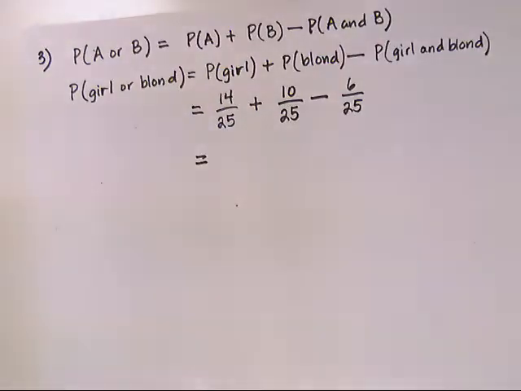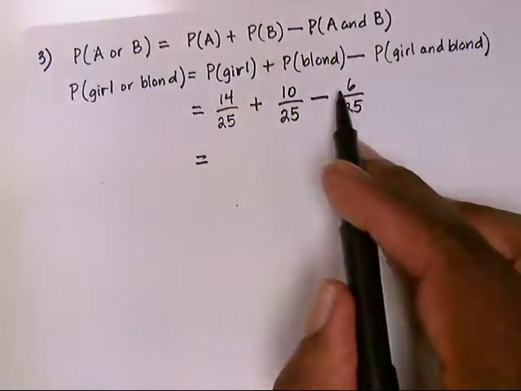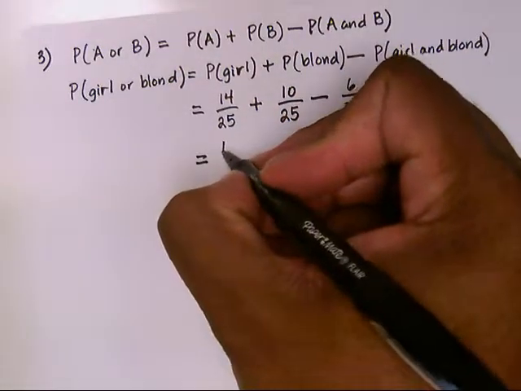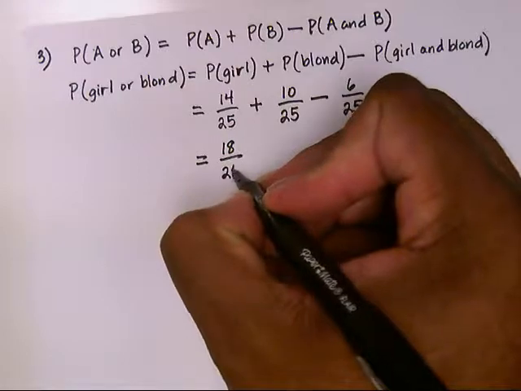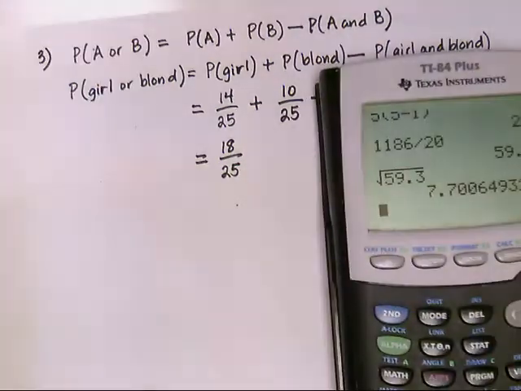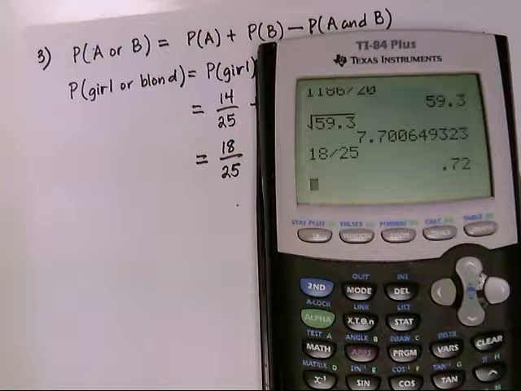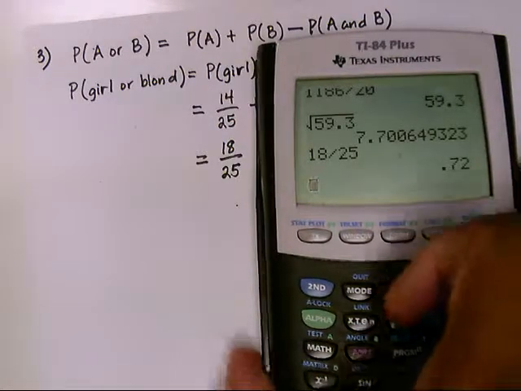And then we just go ahead and simplify this. Since the denominators are the same, we can do 14 plus 10, that's 24, minus 6, which would give us 18 out of 25. And then if we do 18 divided by 25, and on the exam you'll be required to write your probability values to 4 decimal places, this will be 0.72.